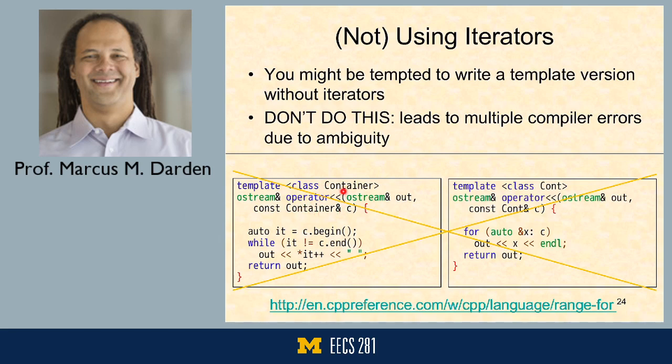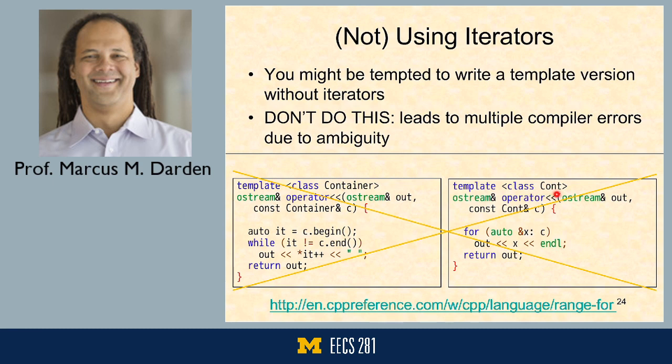So the author is maybe thinking, sometimes I'll call this with vectors, sometimes I'll call this with deques. It'll be great. Then I won't have to write multiple ones, and I only have to deal with begin and end. I jump inside there and say c.begin. This ends up being ambiguous because different objects may or may not implement .begin the same way. So the compiler can't call those things in that way. So this version here would not compile.